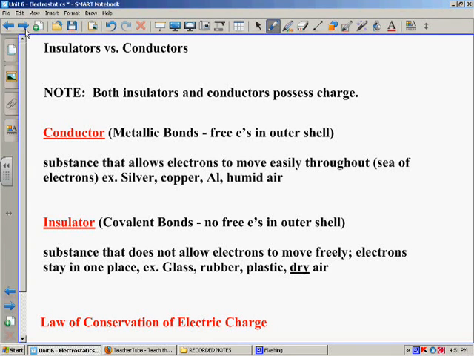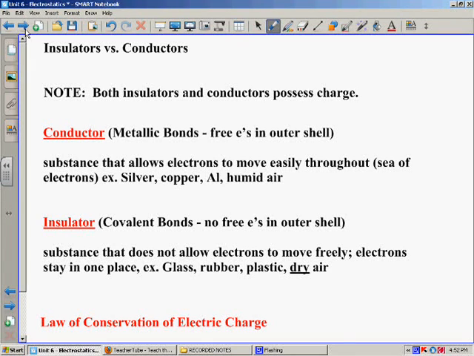There are 2 other terms we need to be very familiar with, and that is objects can either be insulators or conductors when you're talking about electrostatics. Conductors are substances that allow electrons to move freely. Insulators don't allow electrons to move freely.